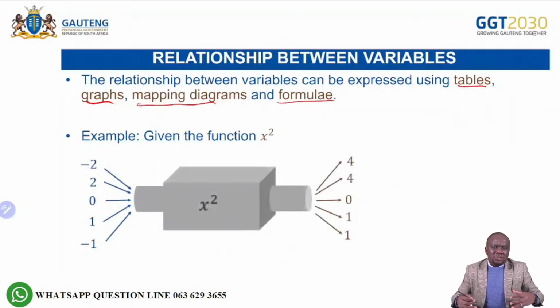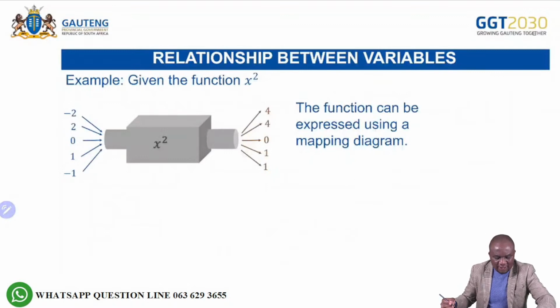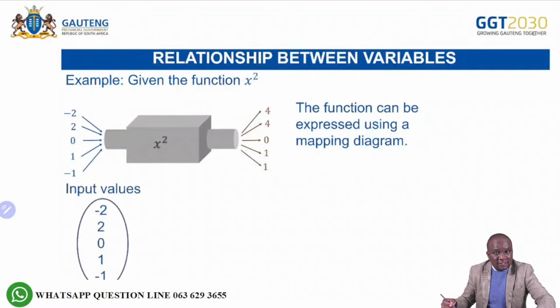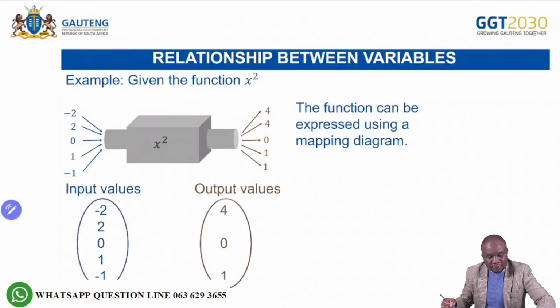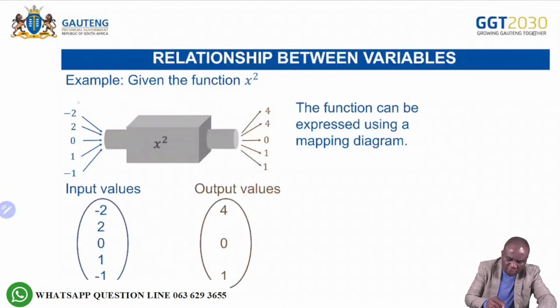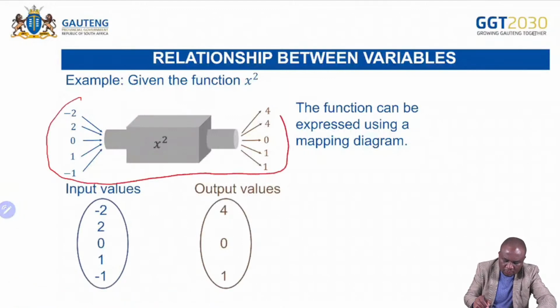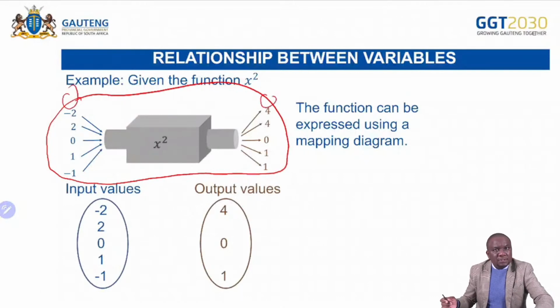If you're asked to do the mapping diagram, this is how you do it. You have your input values on one side and the output values on the other side. These are the input values, these are the output values.